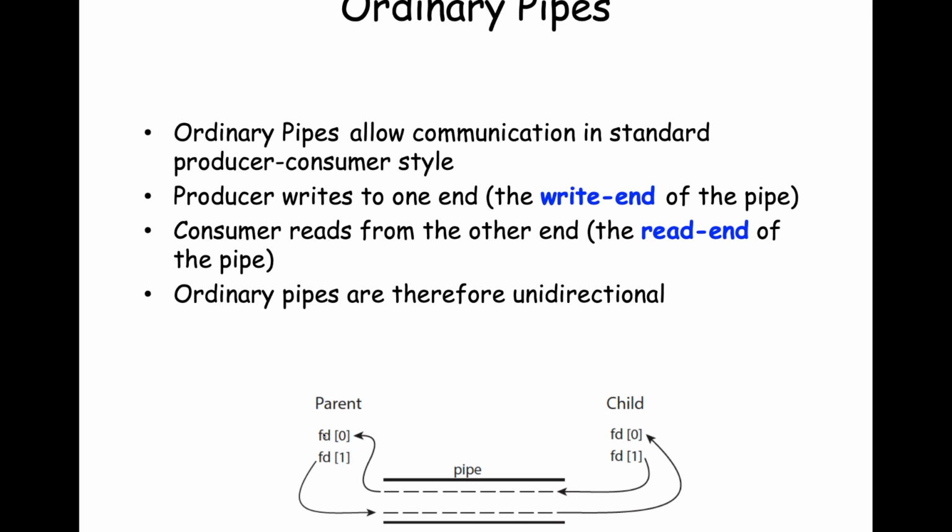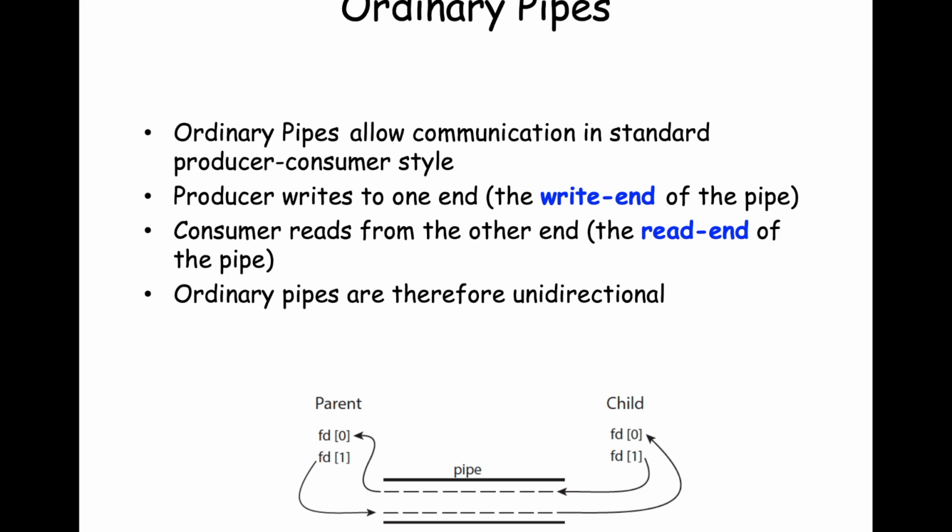And then the other end is the read end. That's always the first position, which is index 0. So this array of file descriptors, fd, has two elements, the 0th position and the 1st position for the indices. The 0th index is the read end, and the 1st index is the write end. And so the parent reads messages from the child through the read end, file descriptor 0.